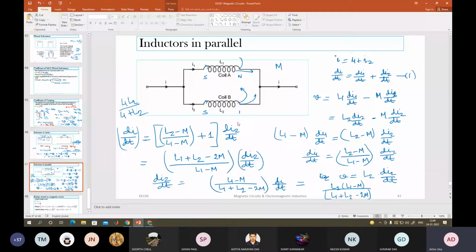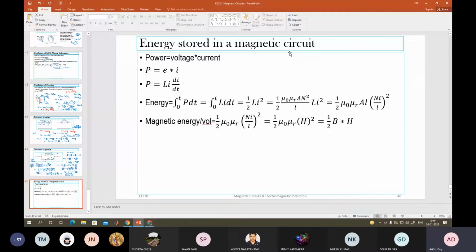And here is the expression of the energy stored in the magnetic circuit, which is very simple. Power is equal to voltage into current, and if you integrate it, it will become half L i square. Now when you put the value of self inductance, you will get this. This L won't actually be present, I should remove it.